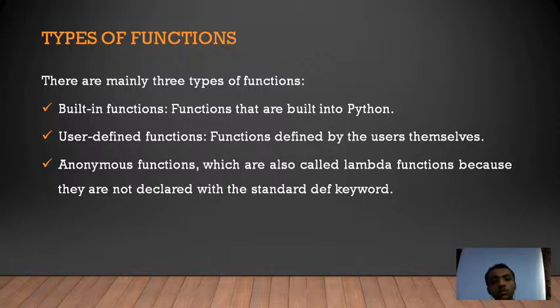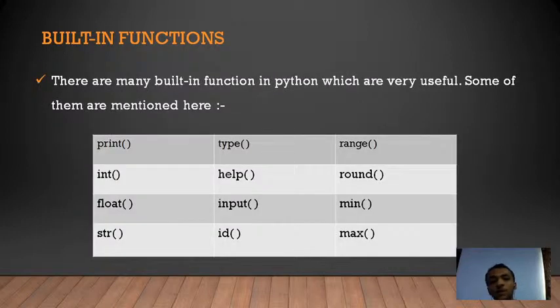We don't have to define them. For a user-defined function, we have to define the function ourselves when we want to do some specific task. There are many built-in functions in Python. If we go to the Python website and documentation, the list of built-in functions in Python is given.